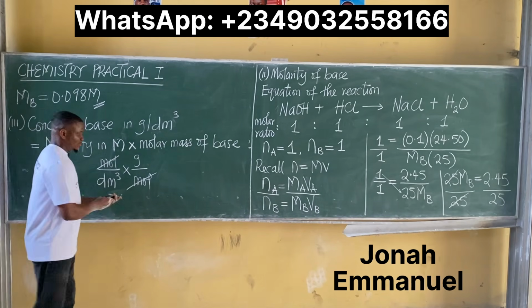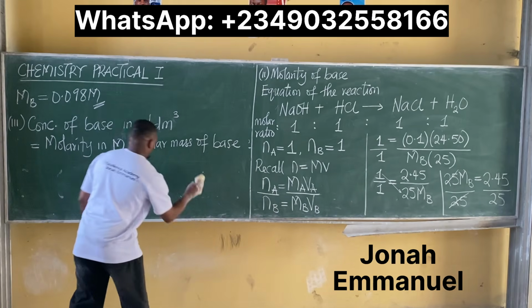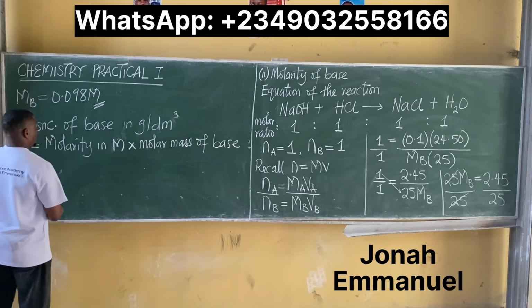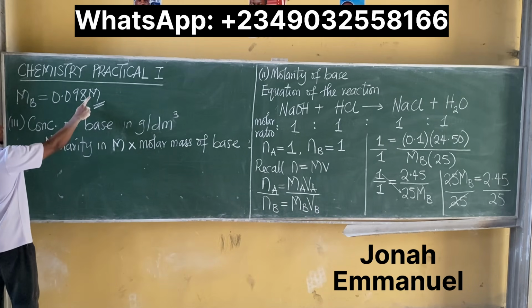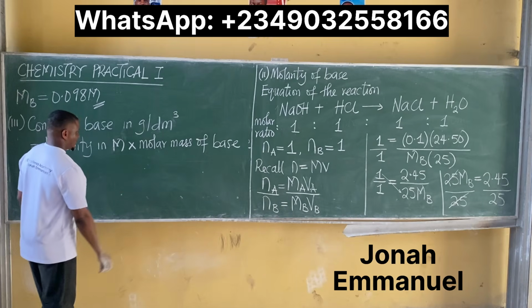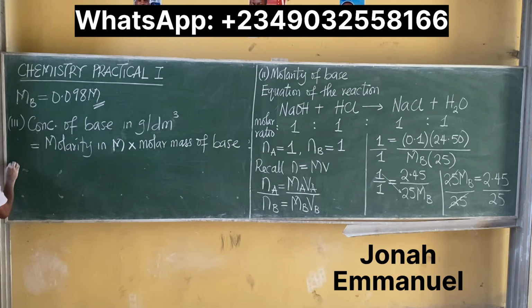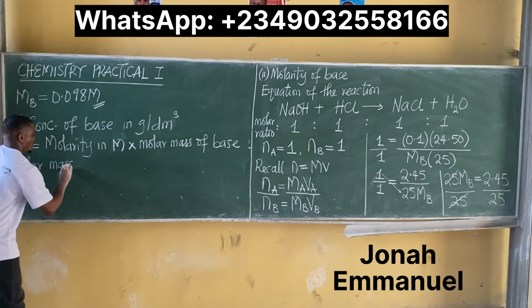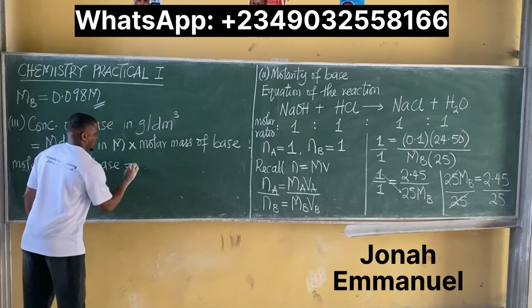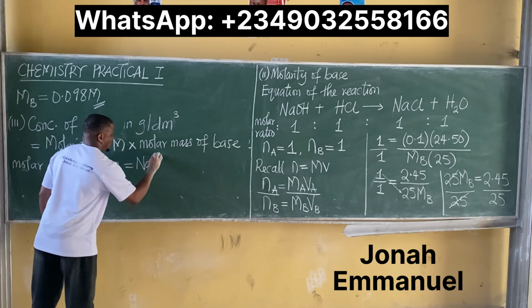All right. So what do we have and what are we yet to have? From here, we already have the molarity of the base in molar, which is the 0.098. All we have to do is to find the molar mass of the base. So let's get molar mass of base. The base there is sodium hydroxide.